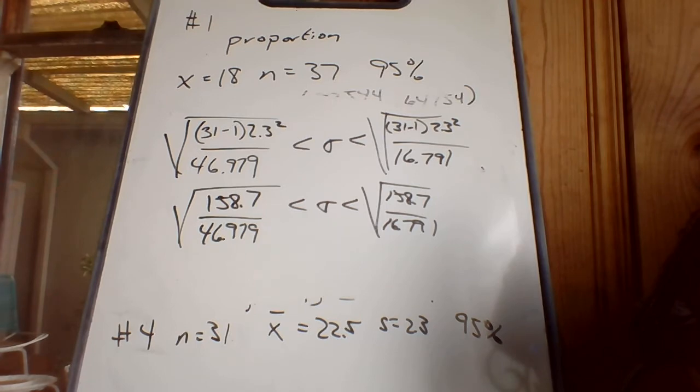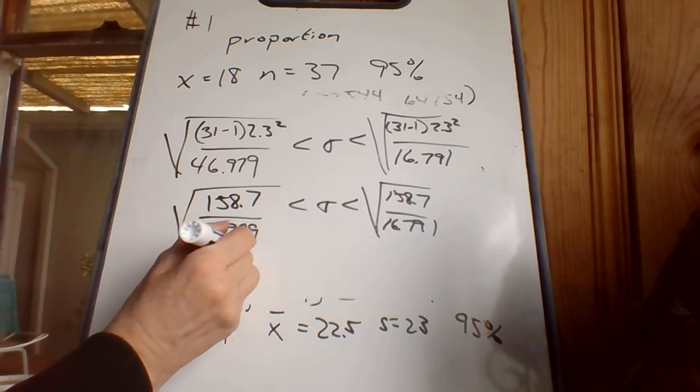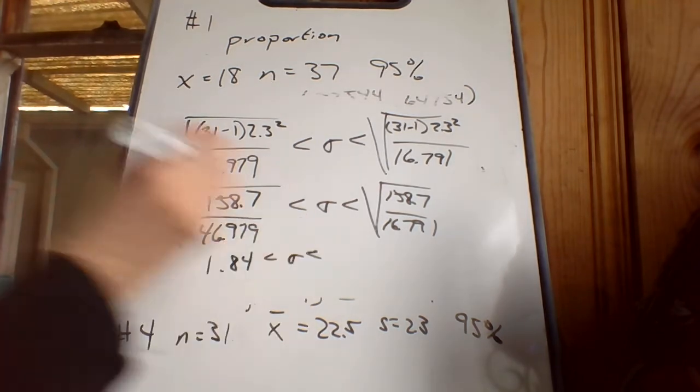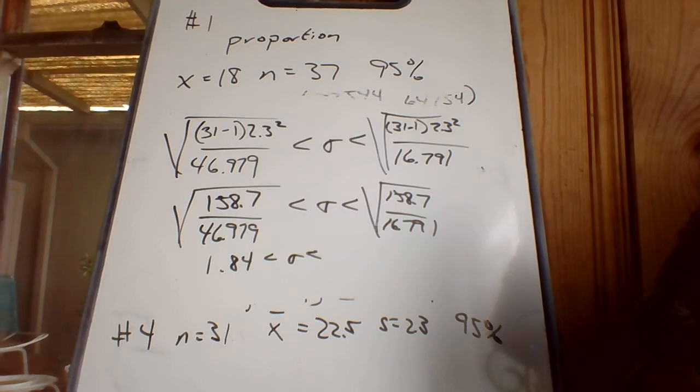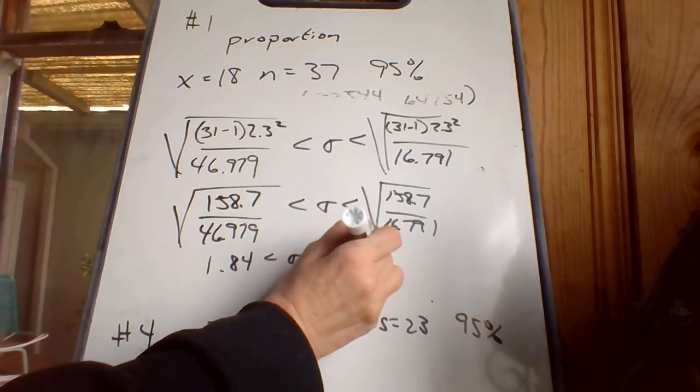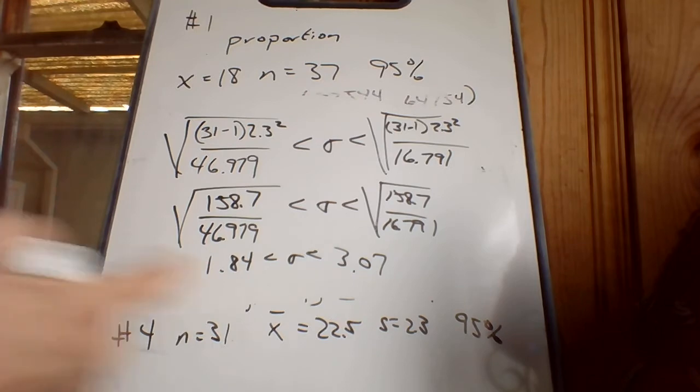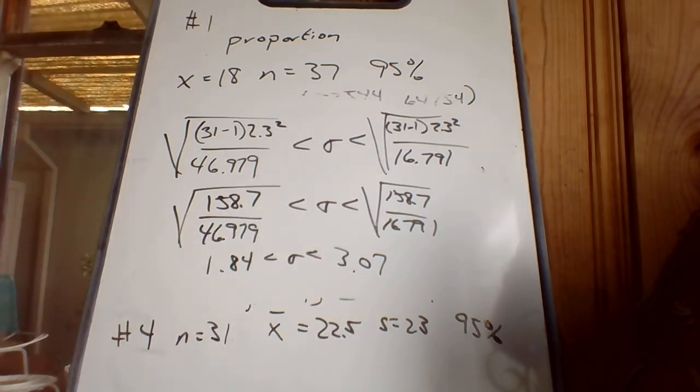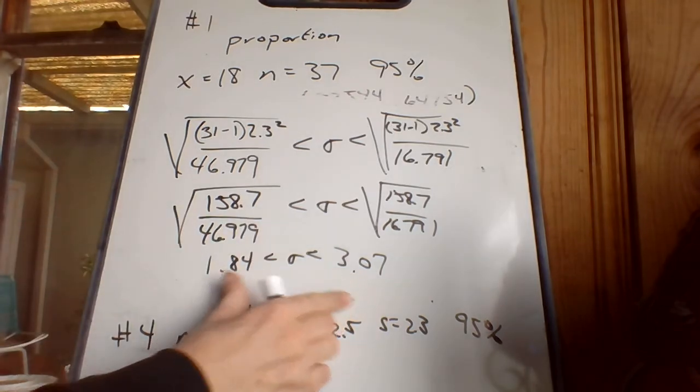Then square root it. 1.84. 158.7 divided by 16.791. Square root it. 3.07. Okay, since my guess of a standard deviation is 2.3, I know the real standard deviation is in that range somewhere.